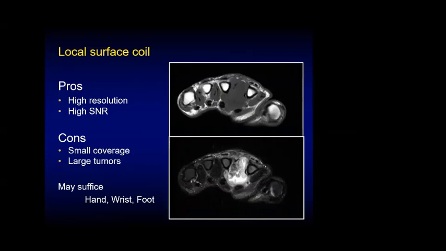So always assess how big the tumor is and how big the organ you're imaging, whether it is in the thigh or in the hand or in a finger, because each anatomic location would need a different coil to optimize the image.